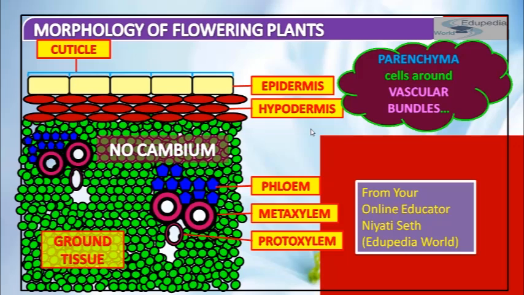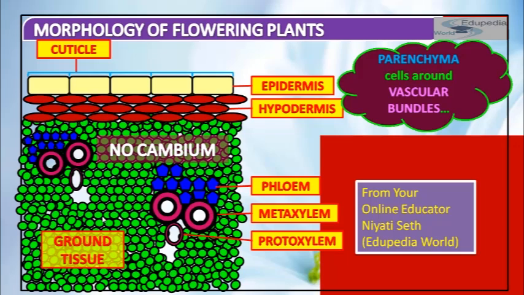Now let's see what the vascular bundle is. Vascular bundles are found irregularly scattered in the ground tissue. See, this green one is your ground tissue, and these metaxylem, protoxylem, phloem are your conducting tissue or vascular bundles. So they are found irregularly scattered in the ground tissue. Towards the periphery, the bundles are smaller in size, while towards the center, they are larger in size.